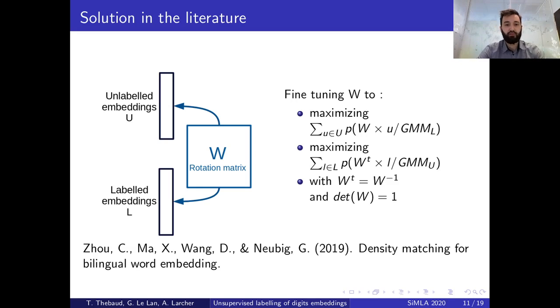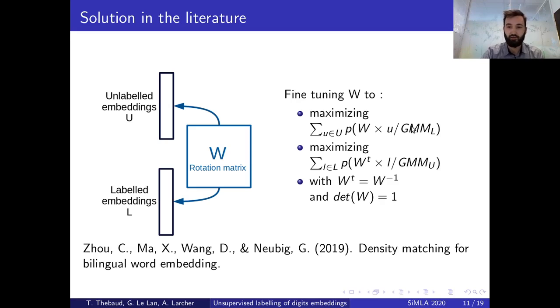They trained a rotation matrix between two spaces of word embeddings from different languages. They trained the matrix to maximize the log likelihood of one set projected to the other.